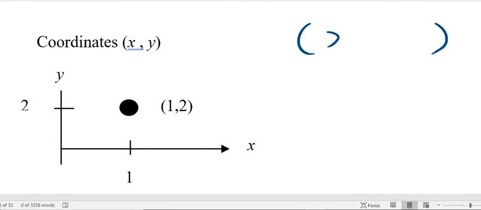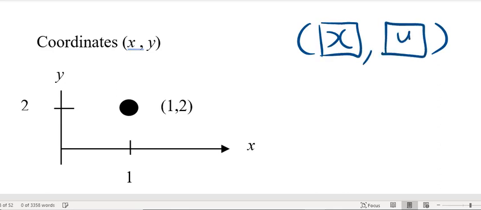The first digit is your x coordinate, the second digit is your y coordinate. For example (1, 2): you start to read from your x-axis, then after that your coordinate y, that is 2. That's the point involved. I think this one is very clear enough.